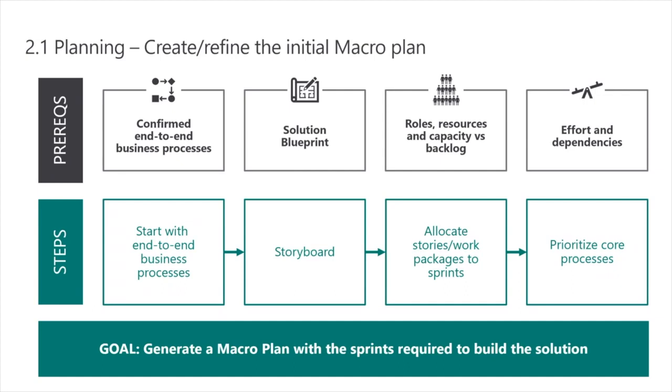You've got your roles, resources, and capacity defined. You know who you're going to have available to you from the project. And that means you know the availability, not just from the implementation partner resources, but also from the customer resources. You have some idea of the backlog or the effort that you need to deliver the project.